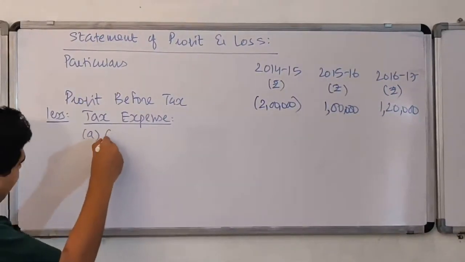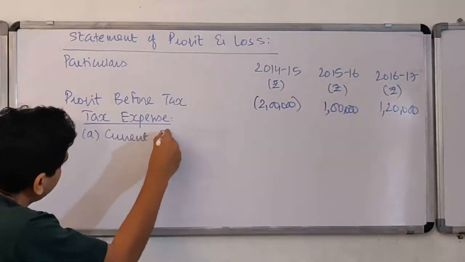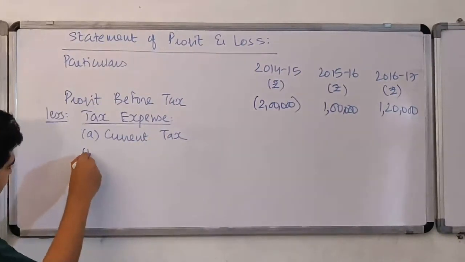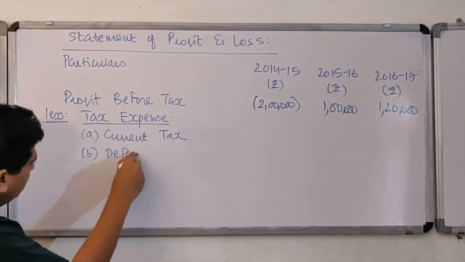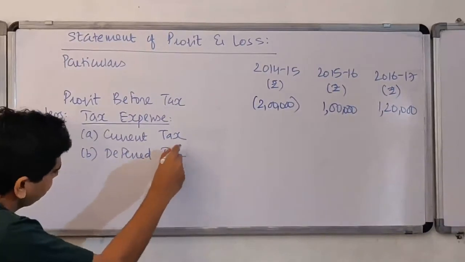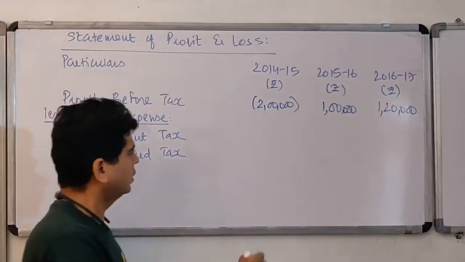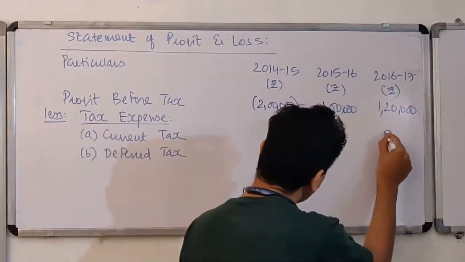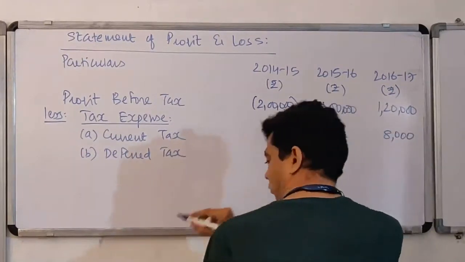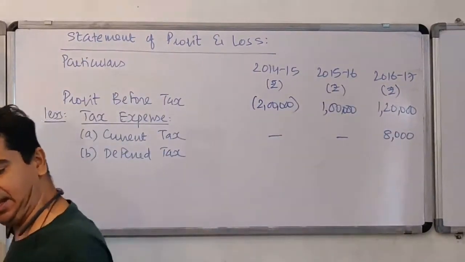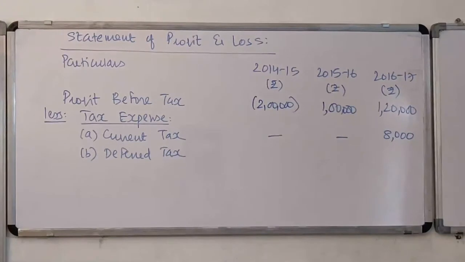We'll say A, current tax. We'll say B, deferred tax. We know the current tax is 8,000 for the last year, so you put 8,000 over there.